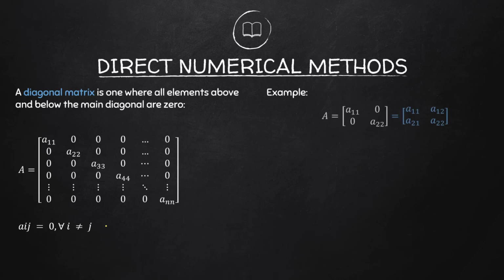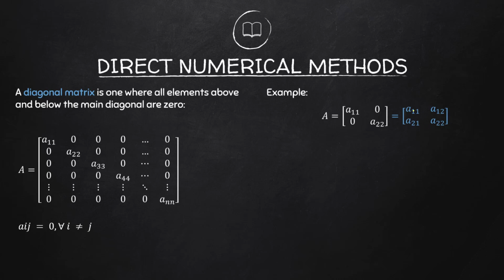For example, we have here an example matrix. We have a diagonal, and the numbers above and below it are all 0. Why is that so? Because we satisfied this condition for it to become a diagonal matrix. Let's use the matrix A11, A12, A21, A22.